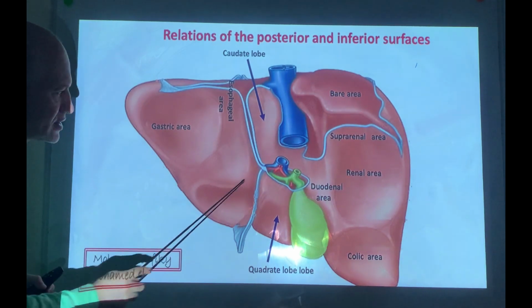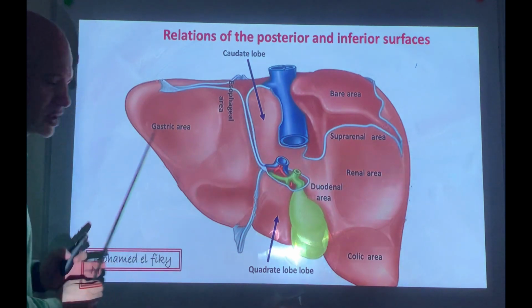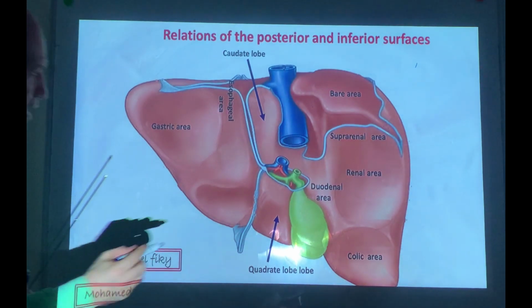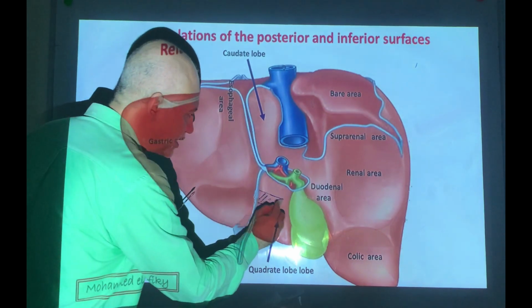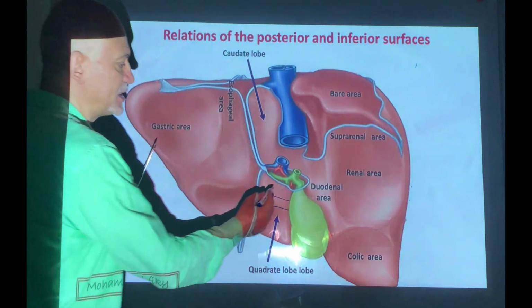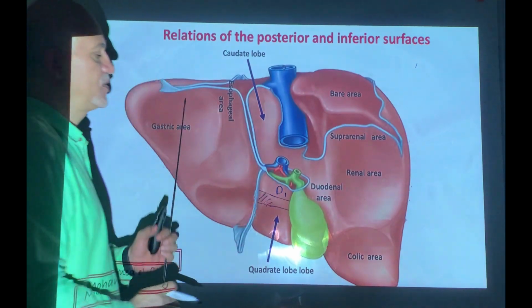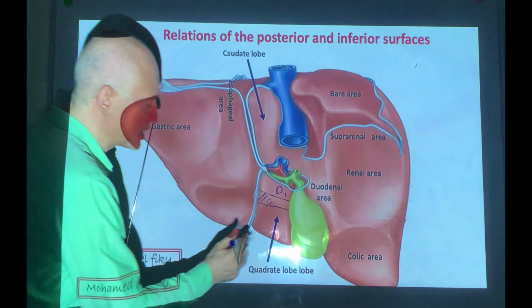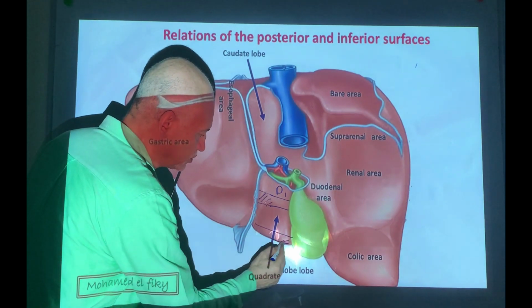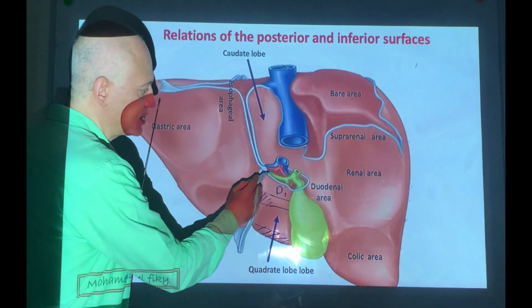Gastric elevation called tuber omentale. After gastric, this is the quadrate lobe. The quadrate lobe, this part is related to the pylorus of the stomach and the first inch, D1, the first part of the duodenum. Also remember, this area is related to the transverse colon, and this is the lesser omentum.